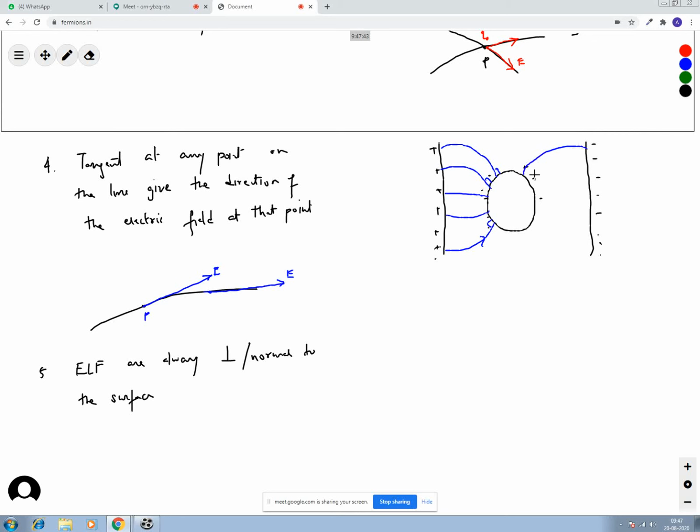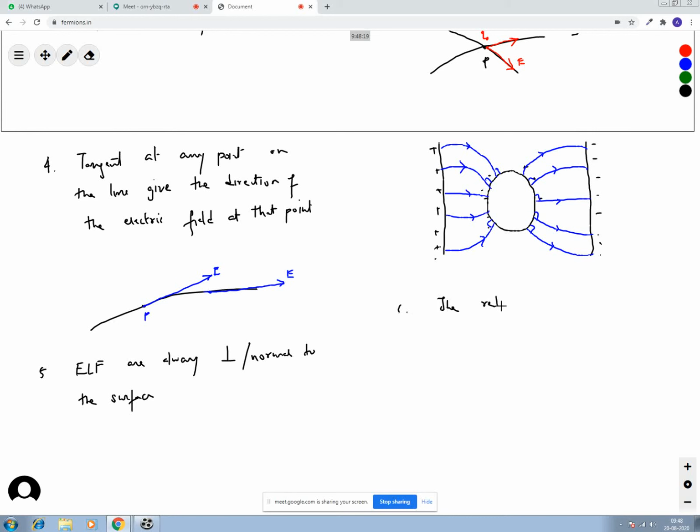Similarly this side, all will be normal. We'll talk about this later. There are many points, but not all are necessary.